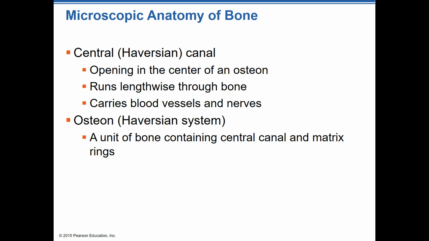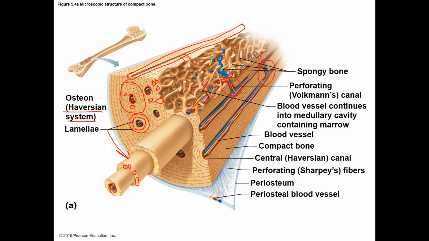So this Haversian system is open in the center of basically an osteon, runs lengthwise through the bone, and carries blood vessels and nerves, just like we said. An osteon, remember we talked about osteocytes back here, the individual little yellow things in there.